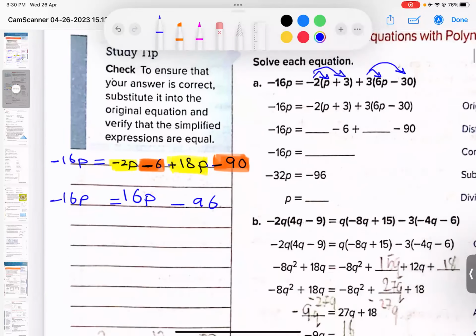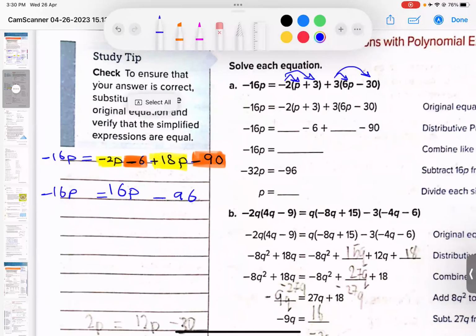Okay. Right now, what should I do? In this case, we need to move the variable to one side and keep the absolute terms on another side. I mean, to write them separately, not on the same side, to be able to get the value of the variable.